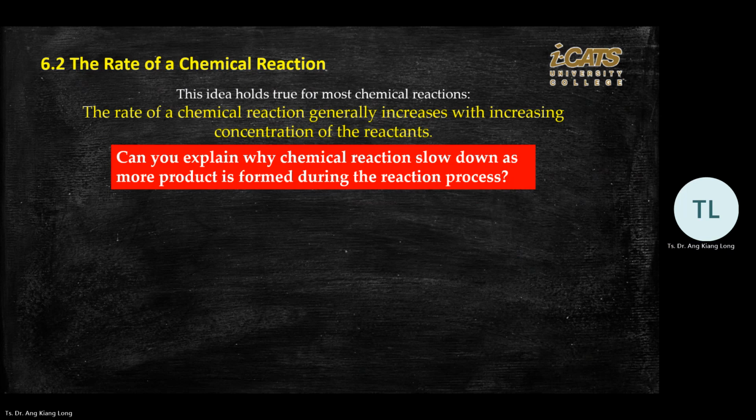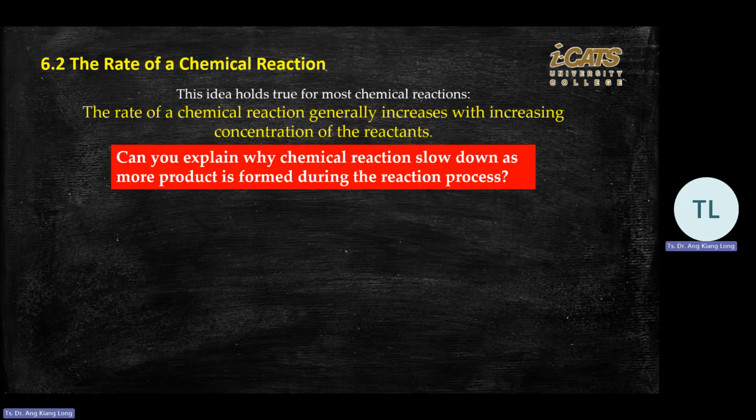Right? So here, this question: why does the chemical reaction slow down as more product is formed? Why, when you get the product over this side, does the reaction slow down? Because the concentration of reacting molecules becomes less and less. The only two factors that affect the rate of reaction are the concentration of the reacting molecule and the temperature of the mixture.